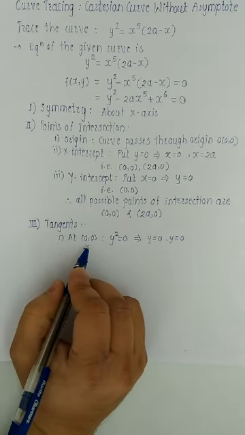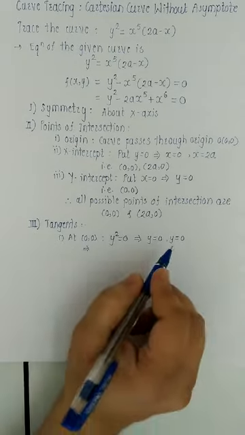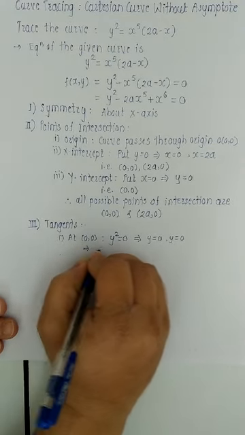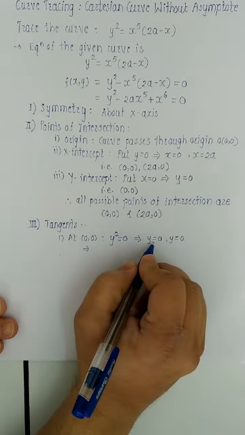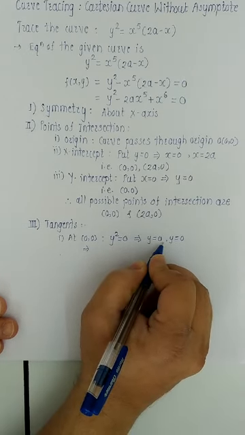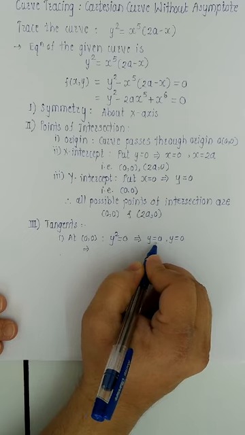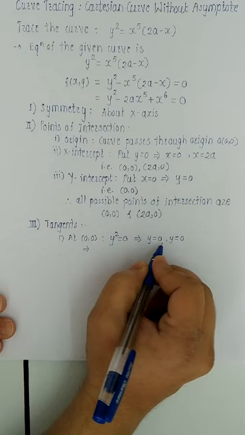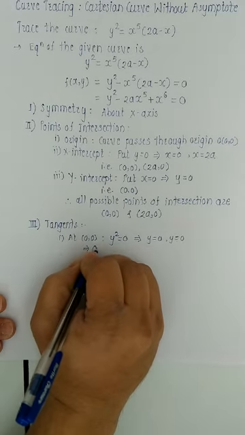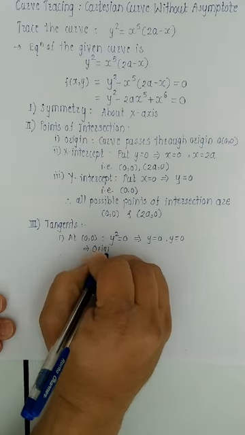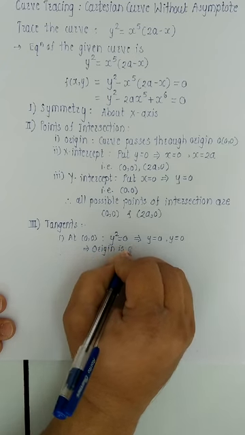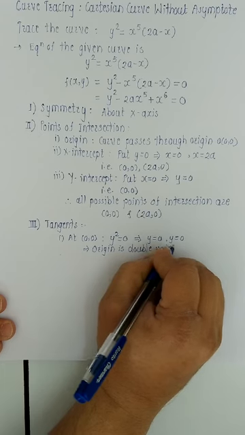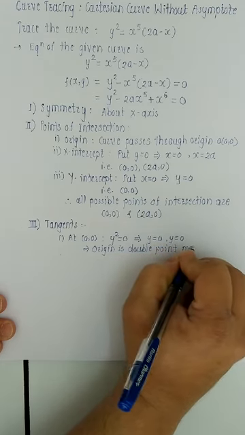So the order of the origin is 2, therefore it is a double point. As we got two equations and both are the same, the tangents are coincident. So the origin is a double point. Moreover, it is a cusp.